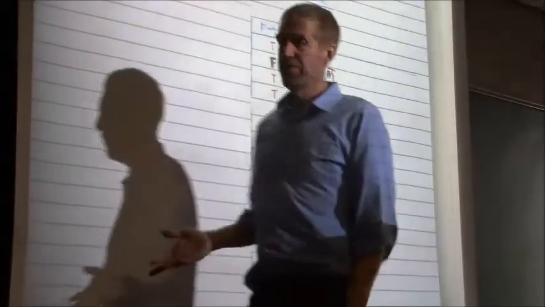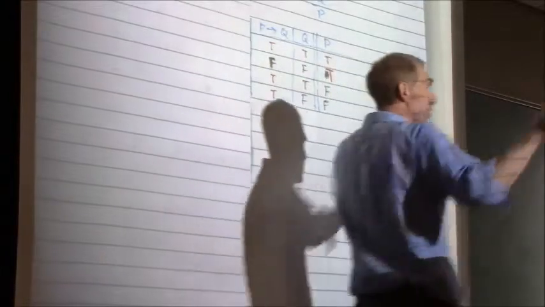Well, think of this argument. Premise 1. Today is Wednesday. I'll use W for that. Premise 2. Whales are mammals. I'll use M for mammals. Conclusion. The Royals won last night.